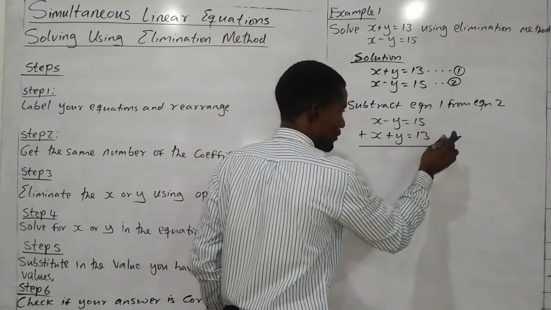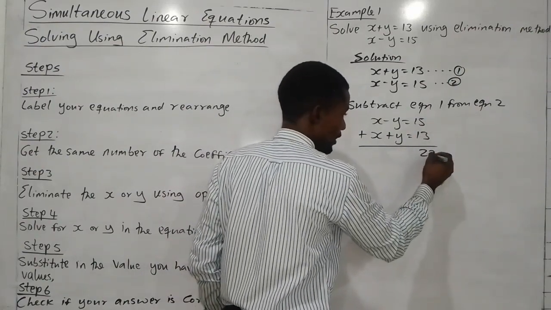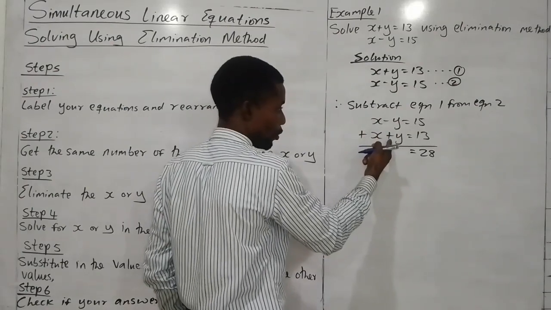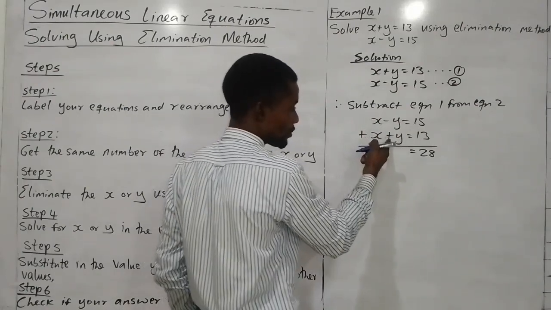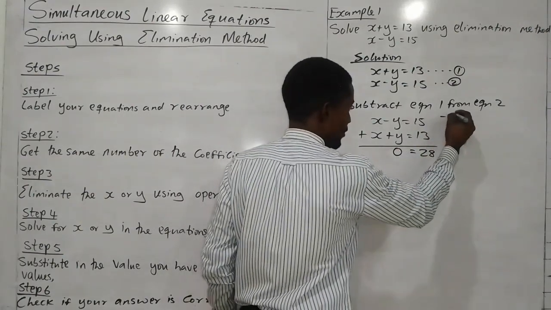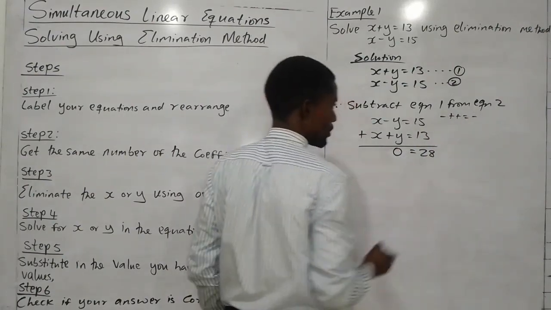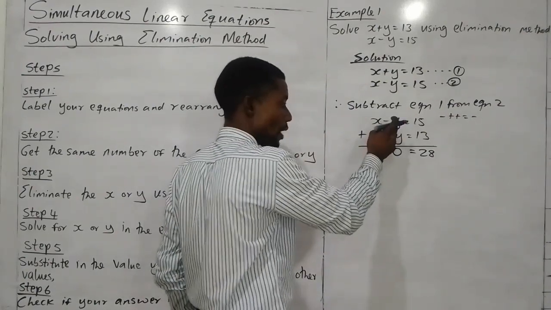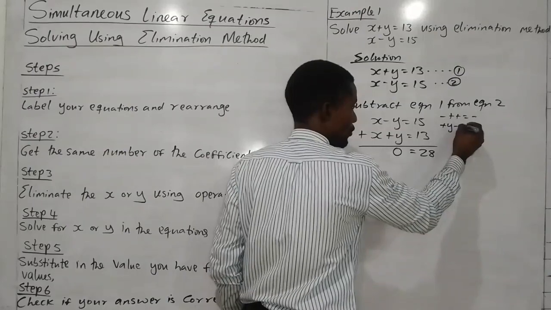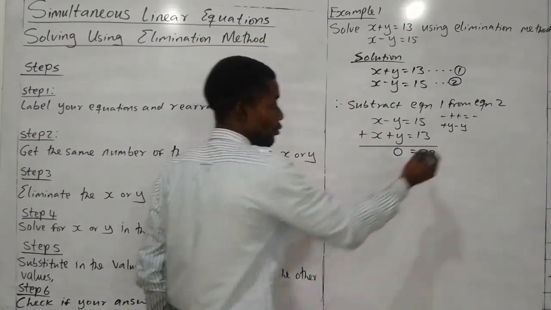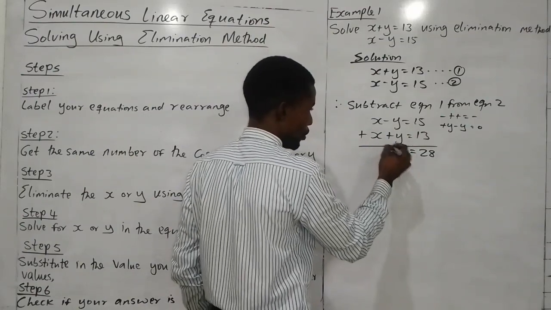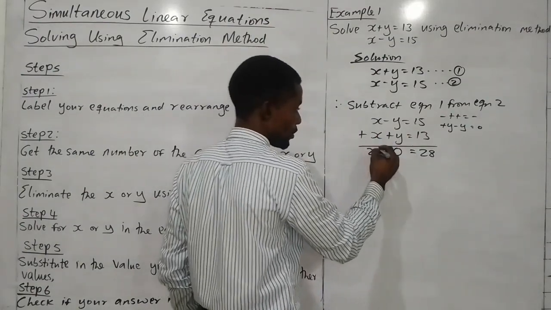So I have 15 plus 13, which gives me 28, equals minus y plus y, which gives me 0. That is, minus plus plus is going to be minus. So this will be minus y, just like having plus y minus y. That will give you 0.